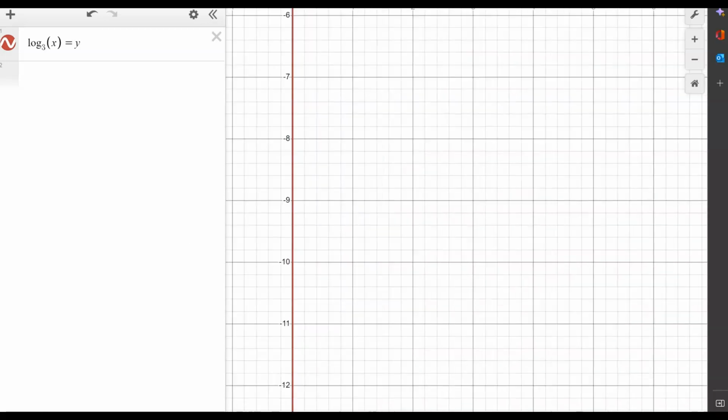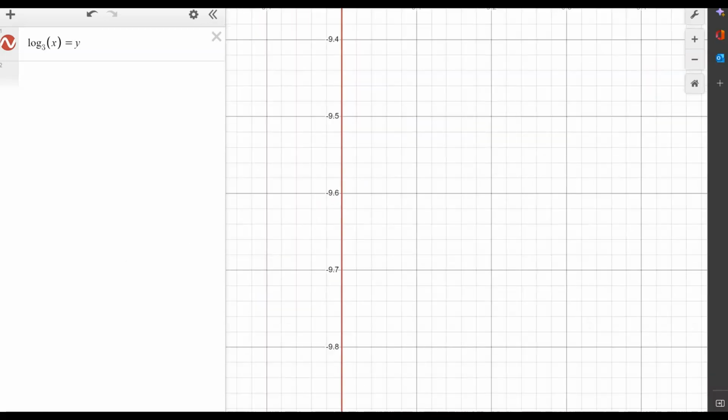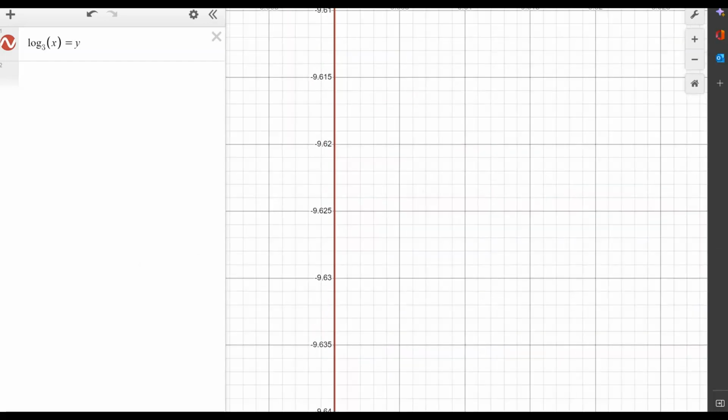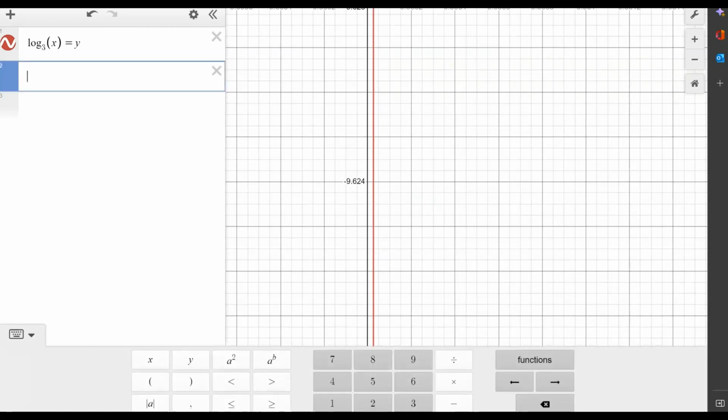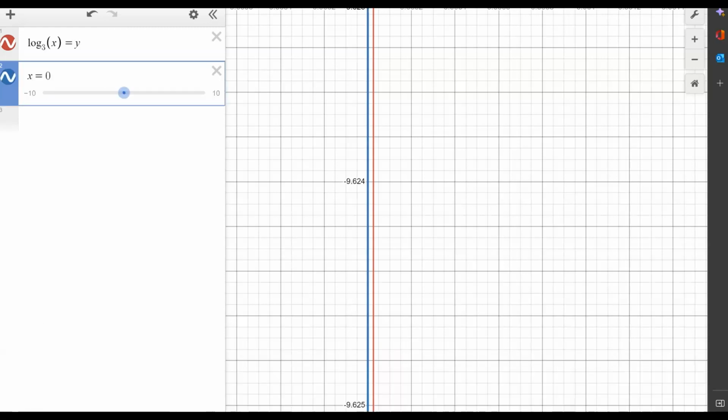And if we zoomed in really closely, you can see that our function is actually not touching that y-axis. Right, so it's not touching the blue there. Okay. All right, that concludes this section, graphing logarithms.